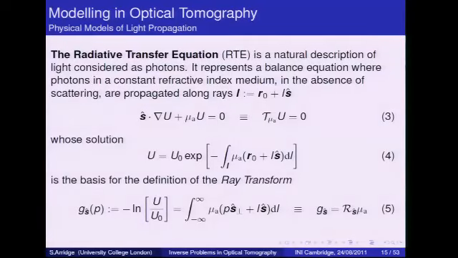This would define the ray transform. We take the negative log of this and we find a linear relationship: the integral along this line of the absorption is the measured projection. This is the basis, of course, of the X-ray transform, the Radon transform in CT, and it depends on the fact that there's no scattering here.